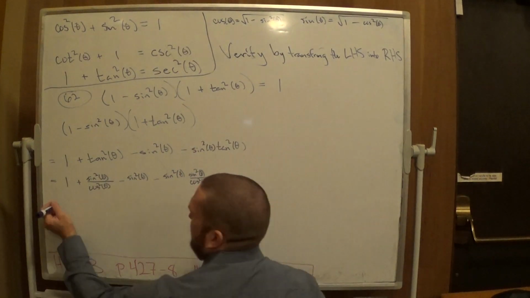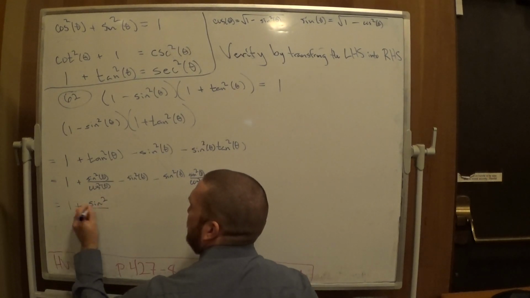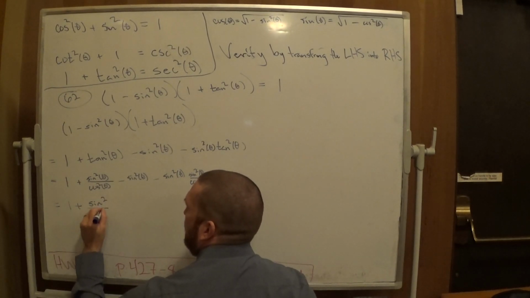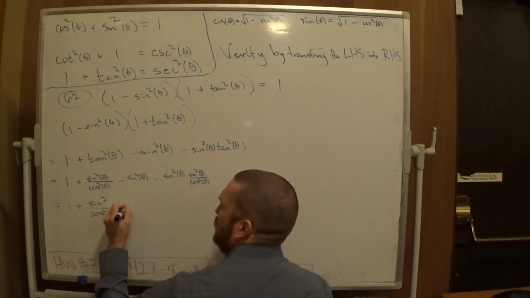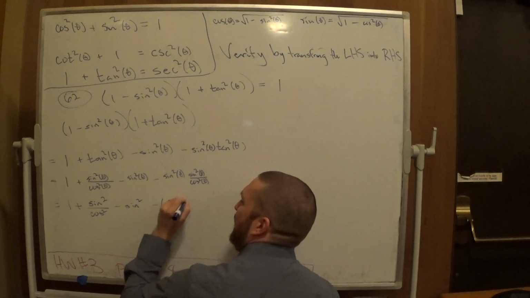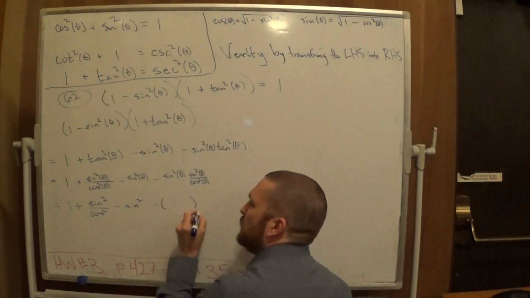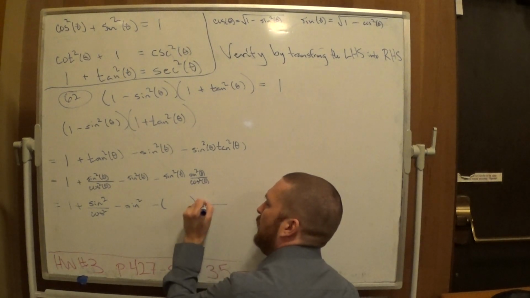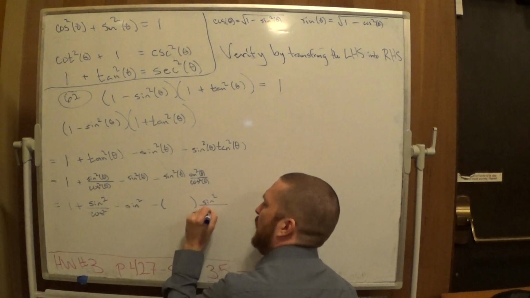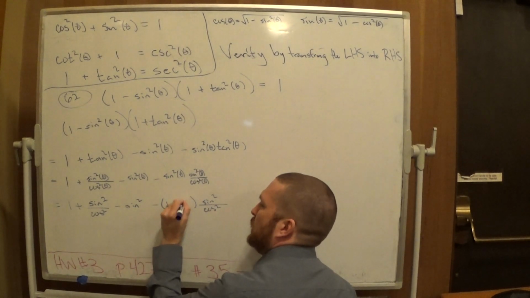So I just did it right here: 1 plus, and just in the interest of time, I'm not going to write the thetas. You had better write your thetas. Eventually we'll get to a point where you won't, but right now I do want you to do that. So sine squared is the same as 1 minus cosine squared.